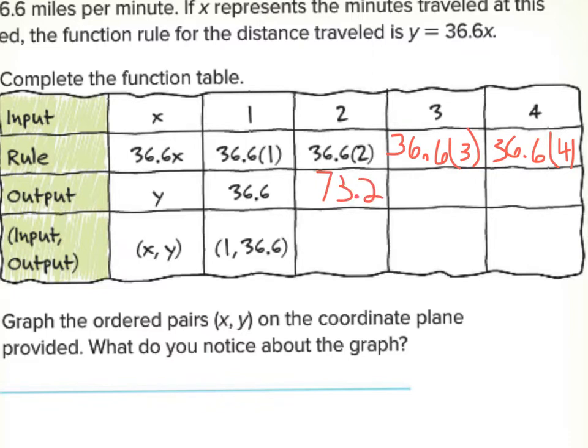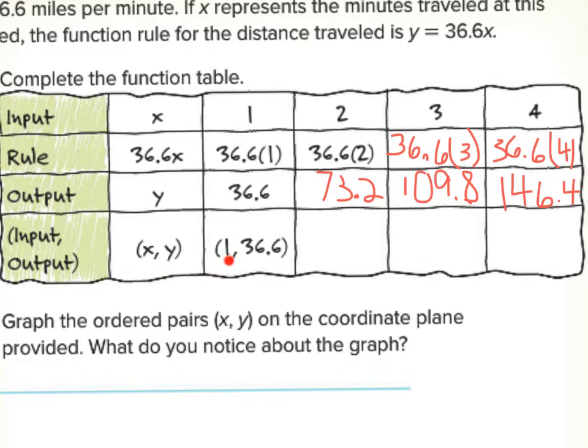So that's the distance traveled, 73.2. Times 3 it is 109.8, and 36.6 times 4 is 146.4. So these are all in units of miles. That's how much it would travel: 146.4 miles in 4 minutes. That is incredibly fast.